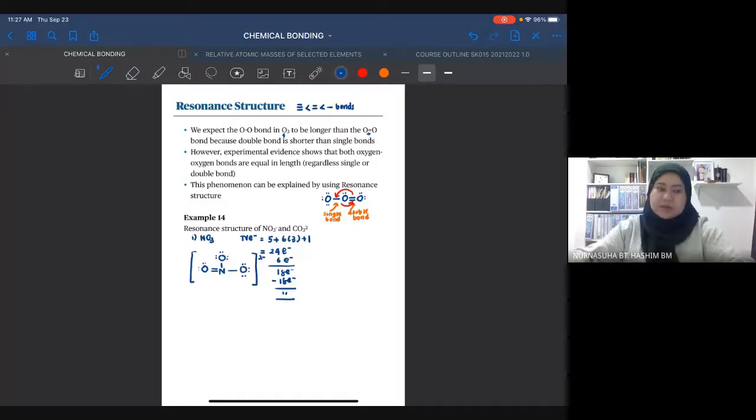Okay. Sorry for the delay. So, minta salin dulu the definition for the Lewis resonance structure.